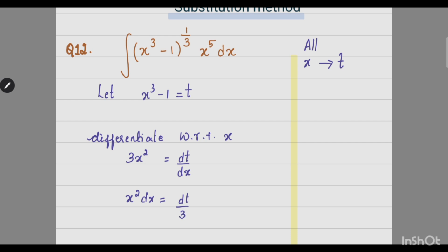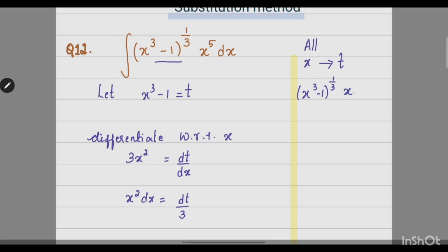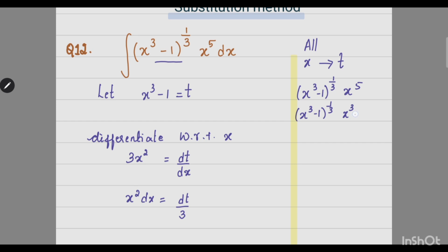We'll try to understand why we have written like this. In the question, (x cube minus 1) to the power 1 by 3 and x to the power 5, we can also write x to the power 5 as x cube into x square, right?